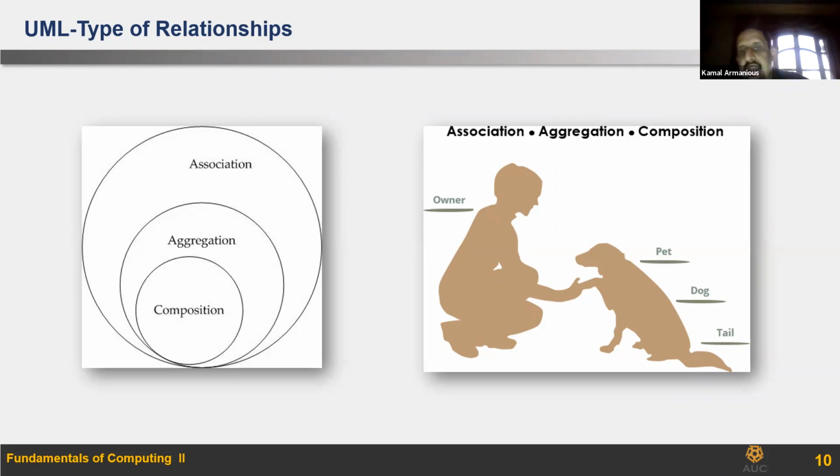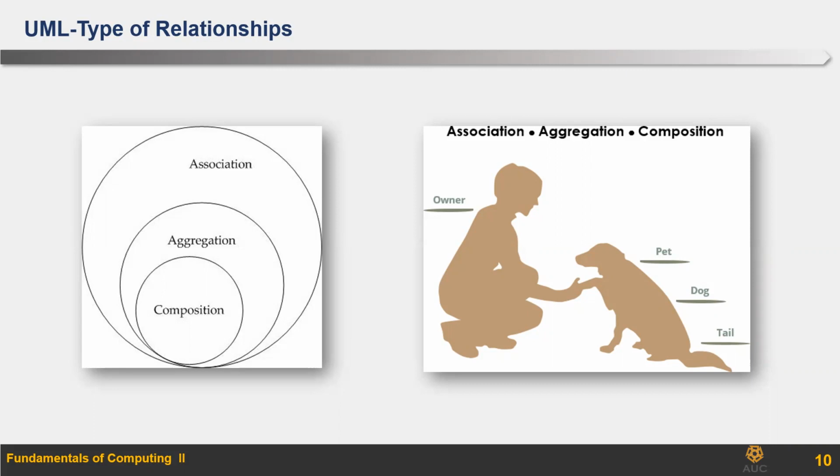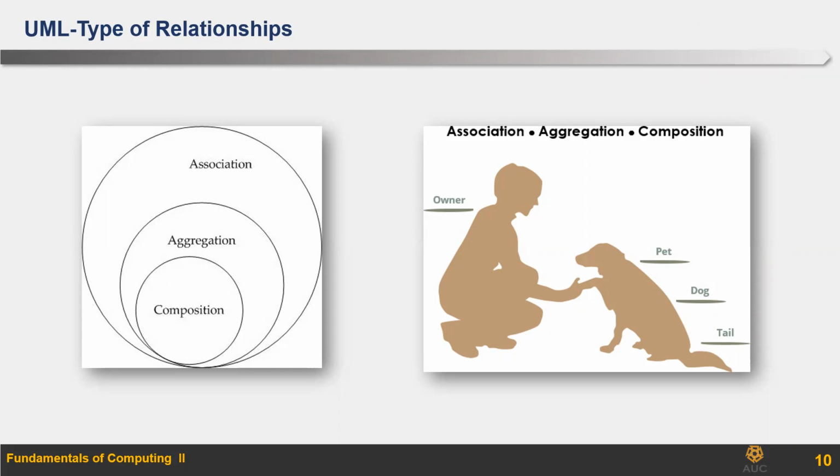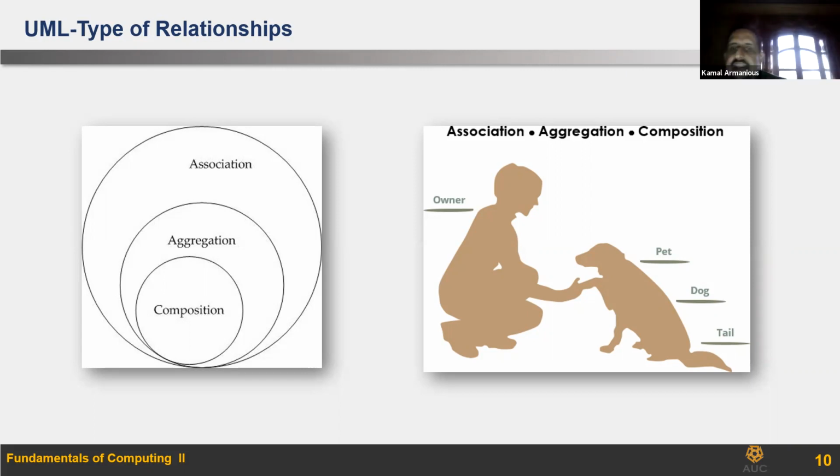So assuming that the owner of the dog traveled and disappeared, the dog will still exist or not? Yes. And if the dog dies, will the lady die? No. Okay, so this is a relationship, it means in Arabic there is a relation.